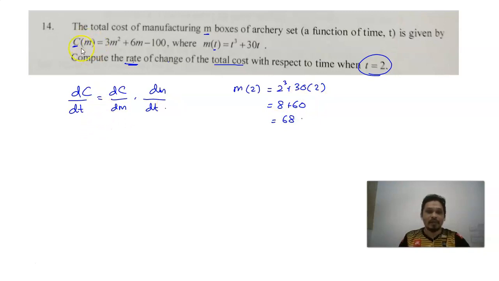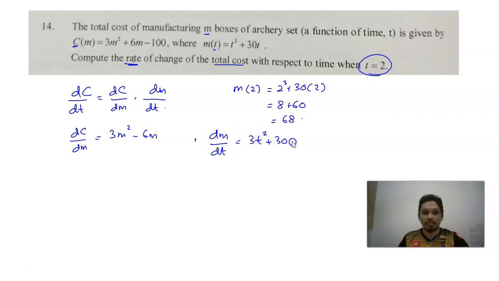So let's find out the dC/dm of this. dC/dm equals 3m squared minus 6m, and the change of the number of boxes with respect to the time, which is 3t squared plus 30.